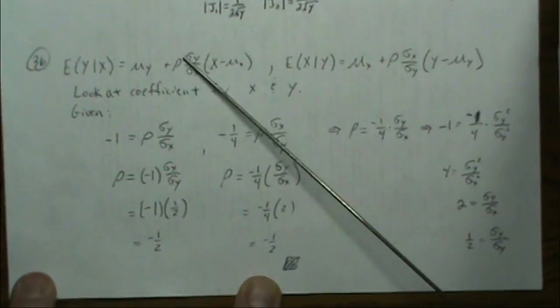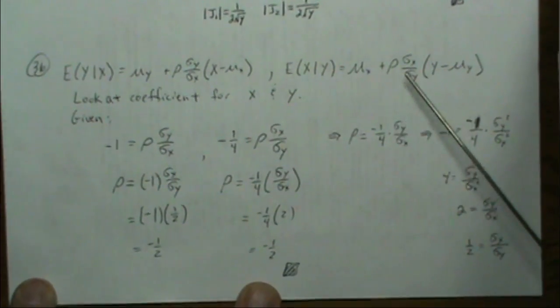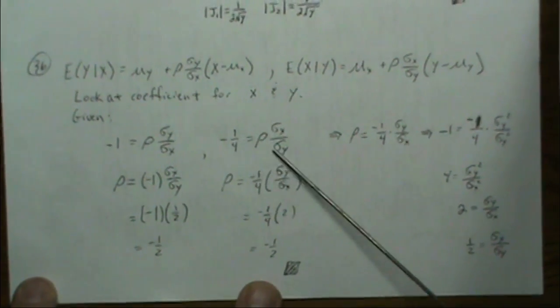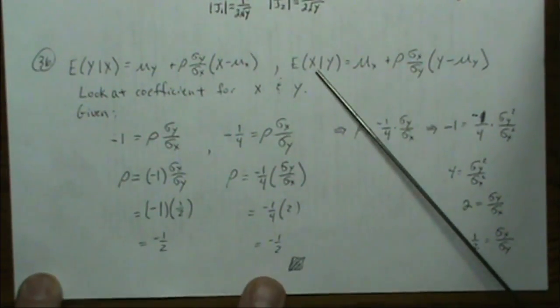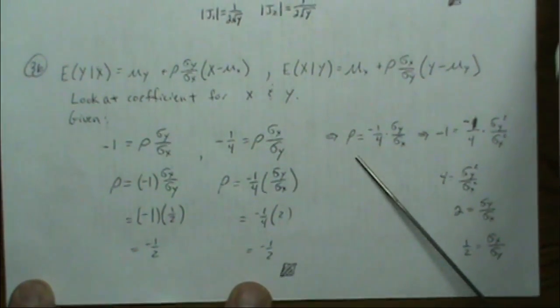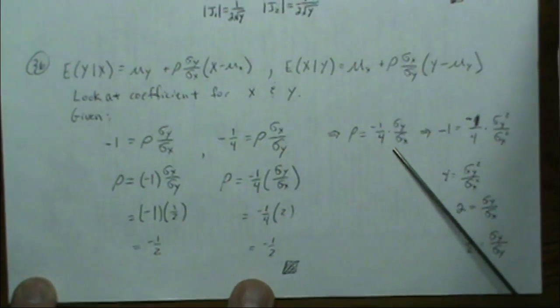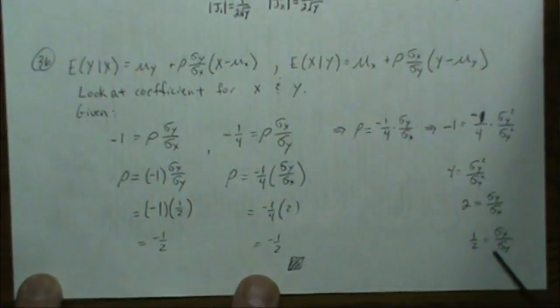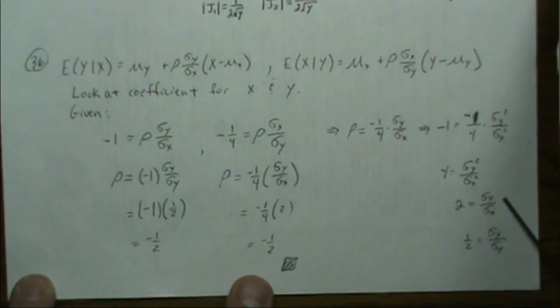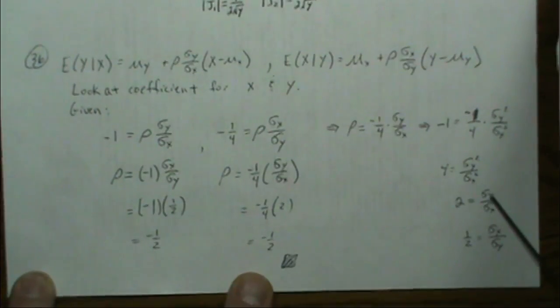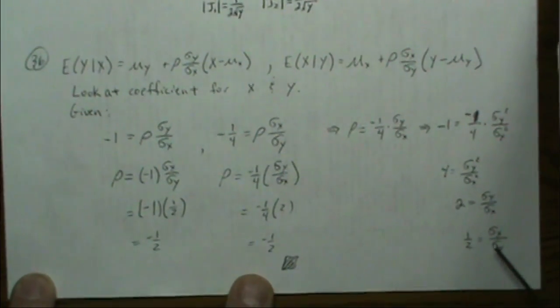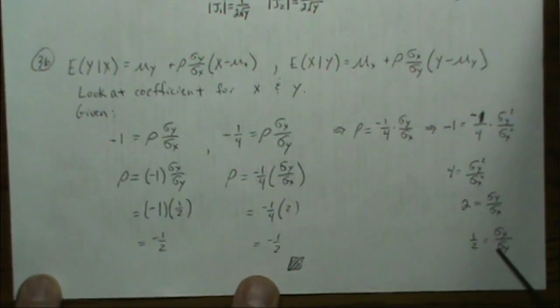So this has to equal this piece, and this has to equal the -1/4, which is the coefficient they give here. Then we can do some substitution, and we get that the ratio of the standard deviations is 2 if it's y over x, and 1/2 if it's x over y.